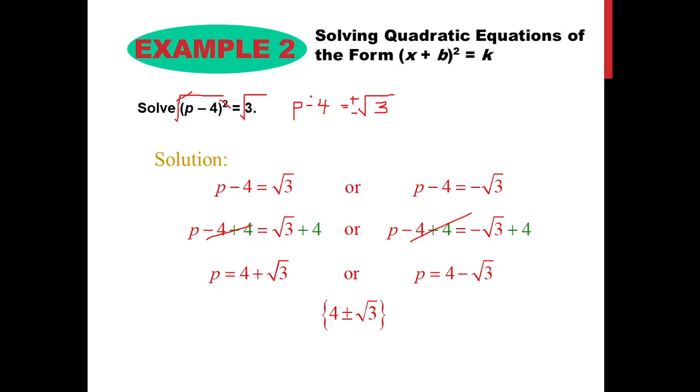In this case, you can just directly transpose 4 here if you want the shortcut way, leaving us here p equals your negative 4 becomes positive 4, and since 3 is already a prime number, you cannot extract the root of that. The same result.